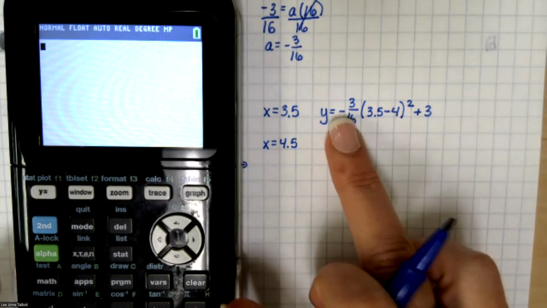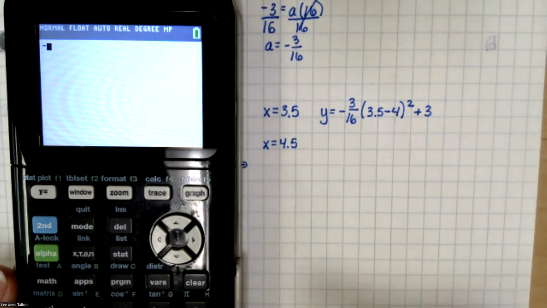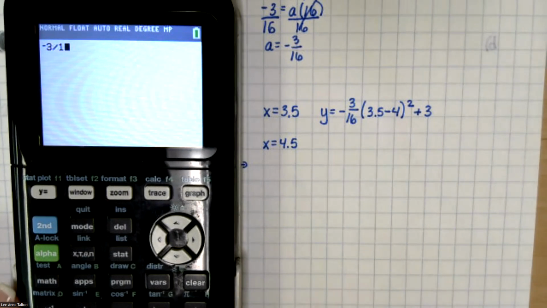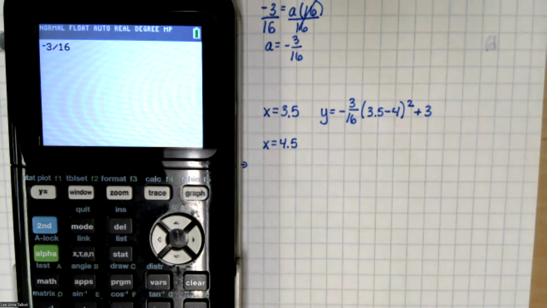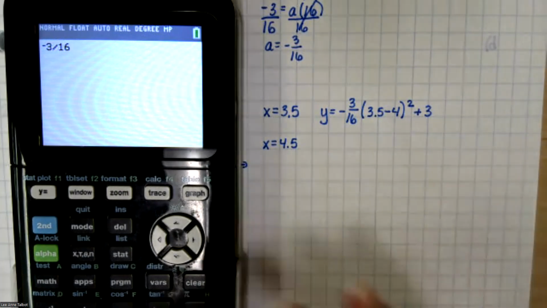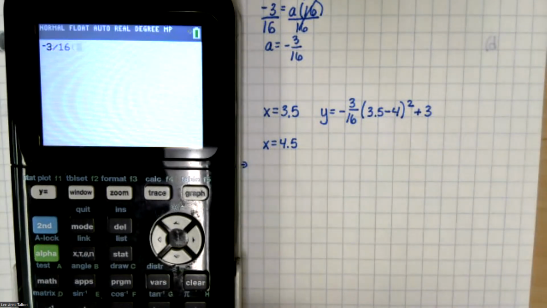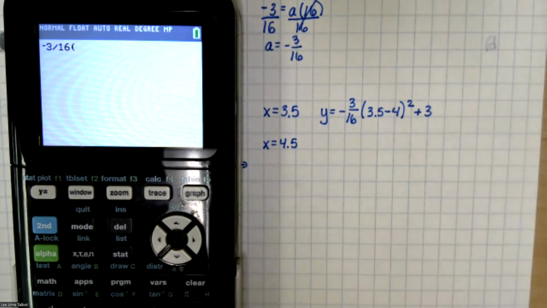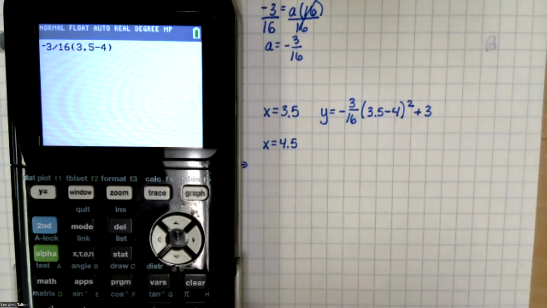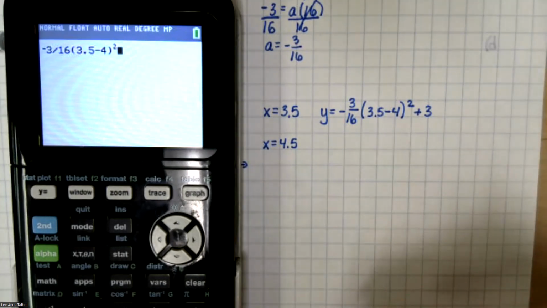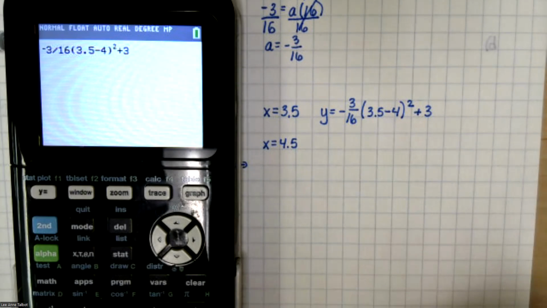First, you need to type the negative. That's at the very bottom under the 3. And then for a fraction, I just type 3 divided by 16. You don't have to do anything fancy for a fraction. Just do 3 divided by 16. Parenthesis is right above the 8. 3.5 minus 4 squared plus 3.